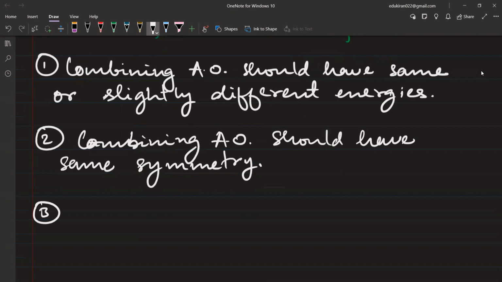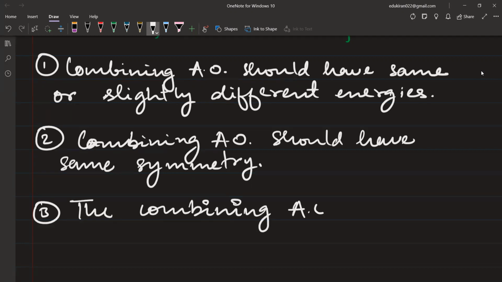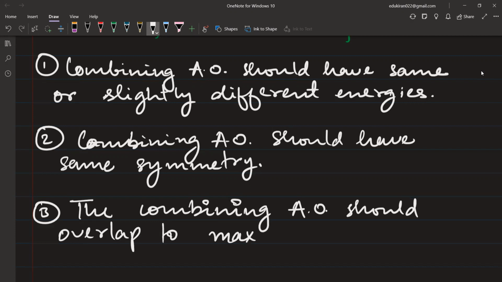Third, the combining AOs should overlap to the maximum extent.